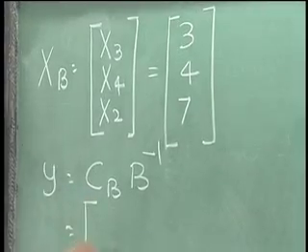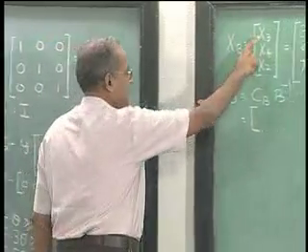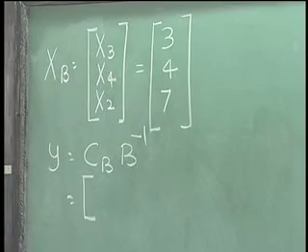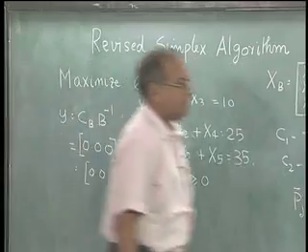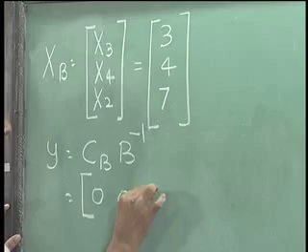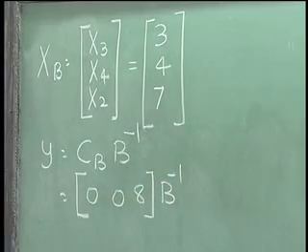Cb is the objective function coefficient corresponding to the basic variables. So, this has 0, 0 and variable x2 has 8. So, y will be 0, 0 and 8 into B inverse.